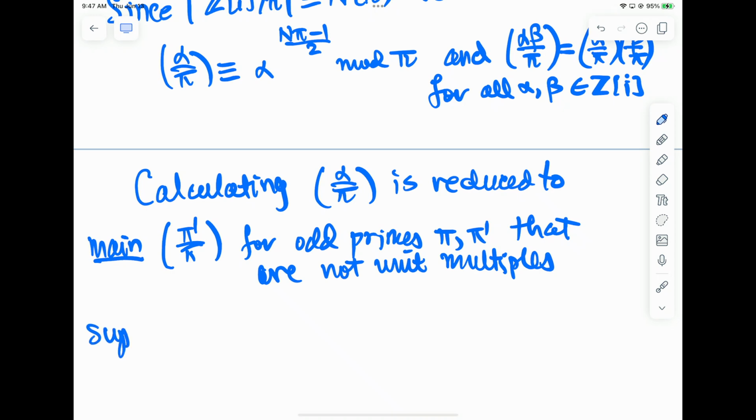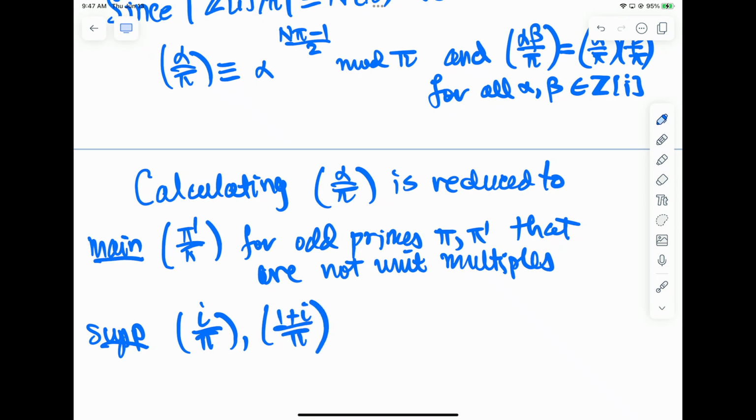And then we have the supplementary cases. So this is related to the even prime. Maybe I'll do first the units: i on pi, and then 1 plus i on pi. So formulas for these would be a kind of quadratic reciprocity law.